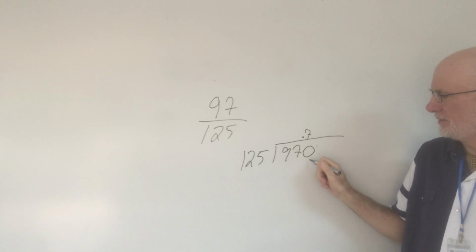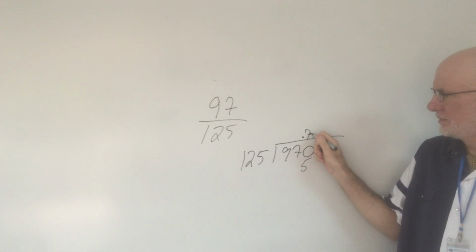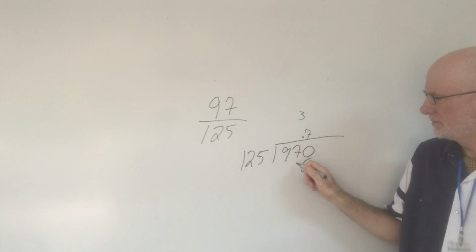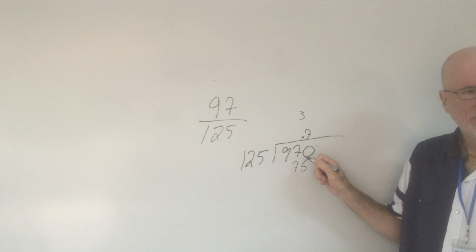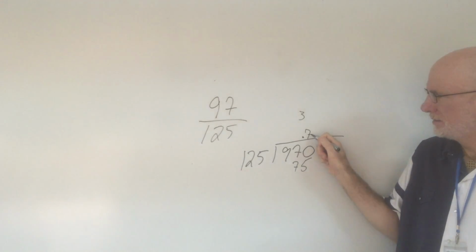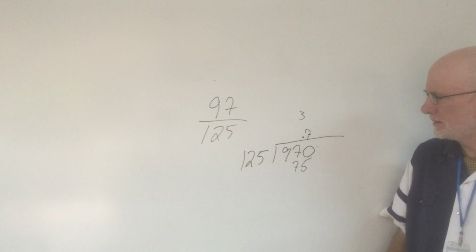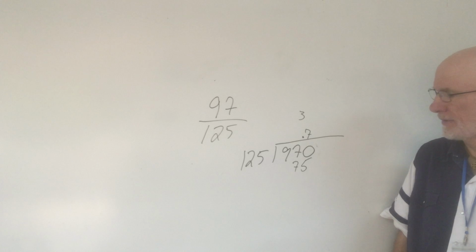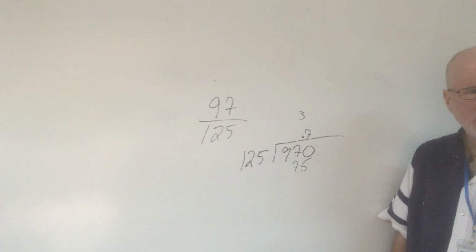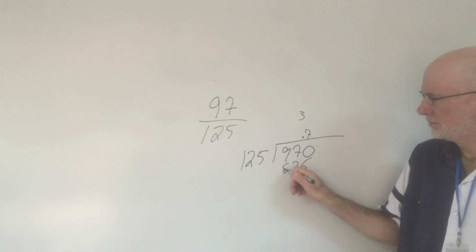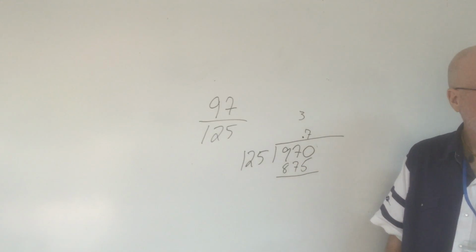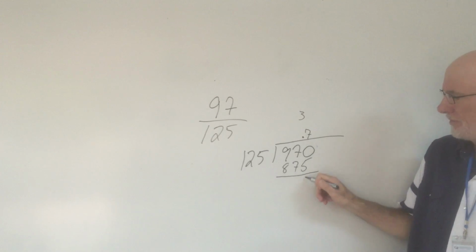7 times 5 is? That's 35, right? 7 times 2 is? 14 plus 3, 17. Right? And then 7 times 1 is? Does that work? Yes or no? So that's going to be 5.